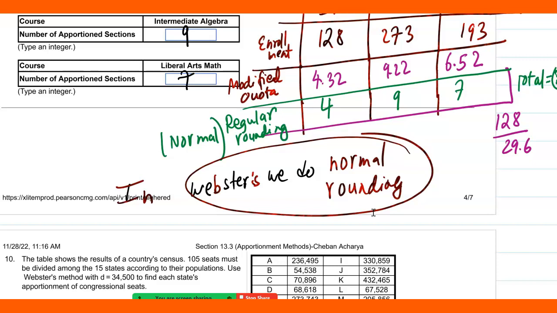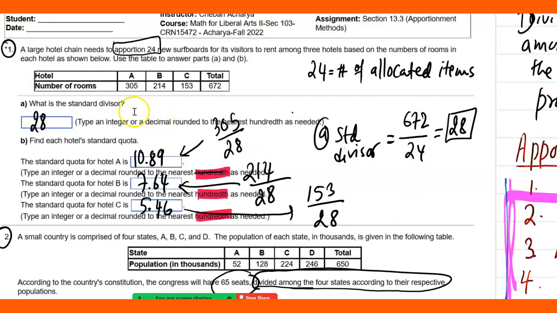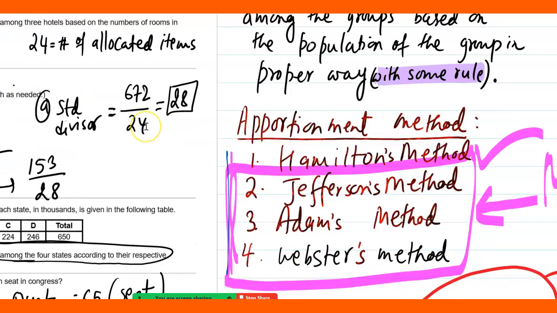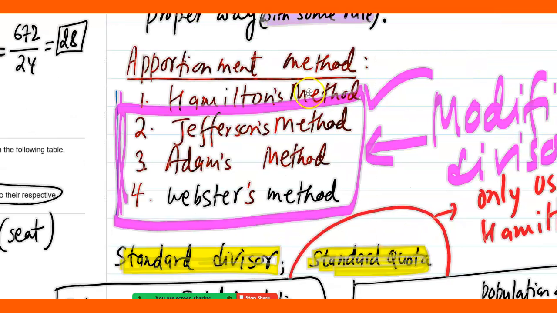Therefore, what you understood here is all these three methods. Let me go back to the topics here. In Hamilton method, you use standard divisor.